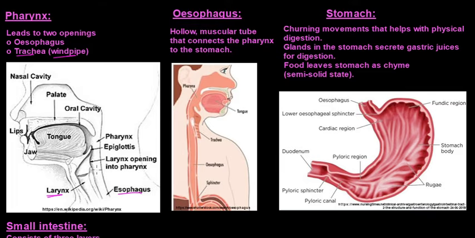Now, because these two tubes are very close to each other, there is a structure called the epiglottis, this little flap over there, that as soon as you swallow, the food will press against that and it will close this opening that leads to your windpipe so that food doesn't go down your windpipe and cause you to choke, but it actually gets to travel down the esophagus, which sits behind your windpipe.